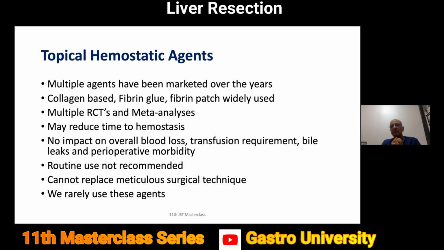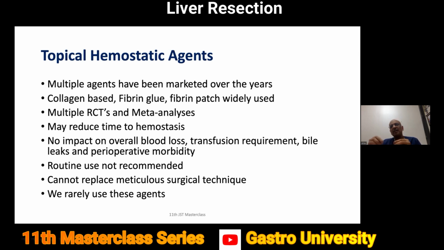Although they are widely marketed and very popular, in every conference you will find a stall of one of the companies marketing these hemostatic agents. But believe me, over the years I've stopped using them. They cannot replace meticulous vascular control from the cut surface: take sutures, spend time, apply pressure, and all bleeding stops. Once you put on these collagen-based or fibrin glue products, it makes the entire field messy. You cannot see the bleeding at all.